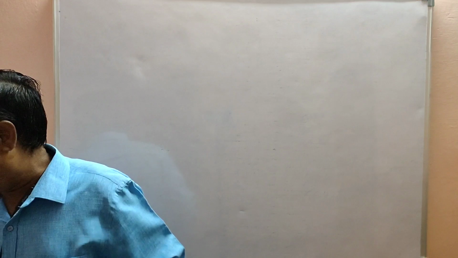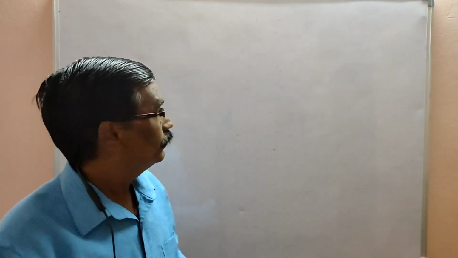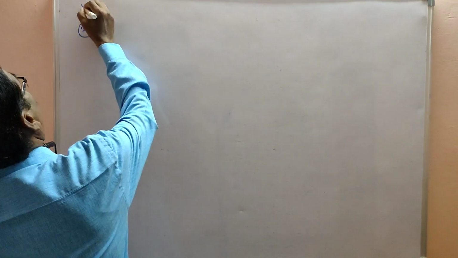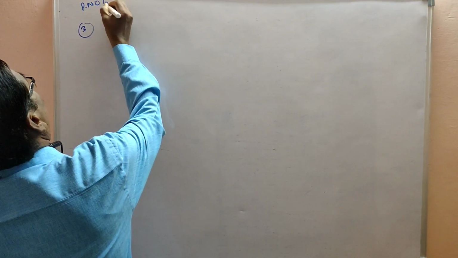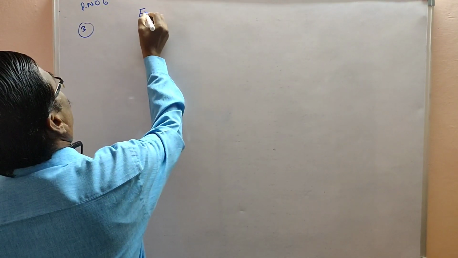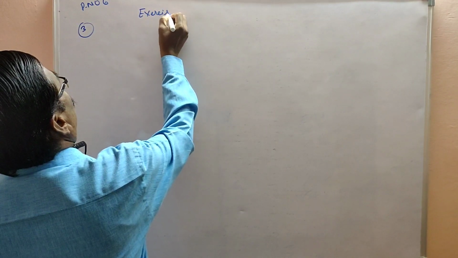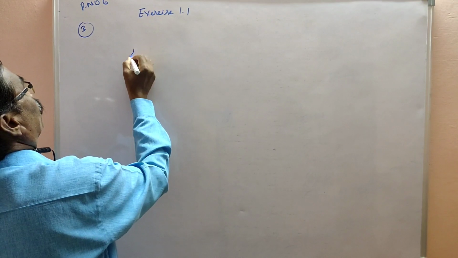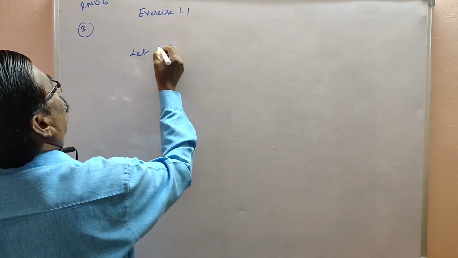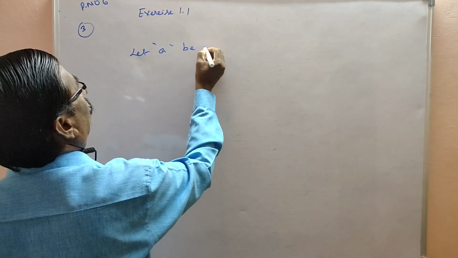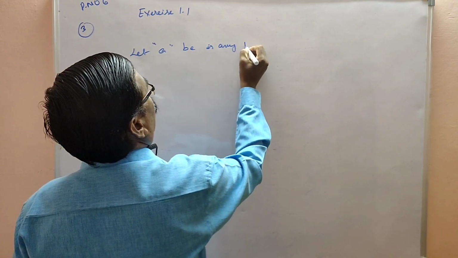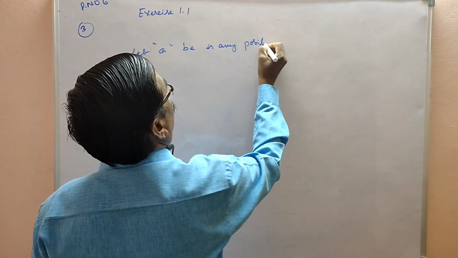So now I am taking the third problem, page number 6, exercise 1.1. Let a and b be any positive integers.